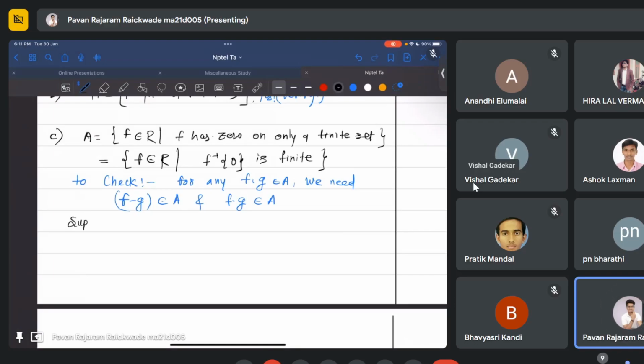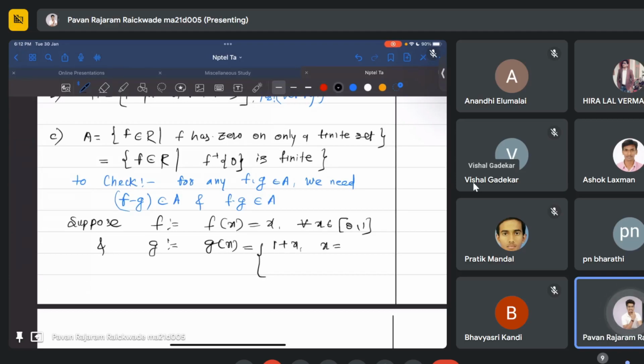Suppose I take f as f of x equals x simply, for any x in the closed interval [0, 1], right? And I'll define g as something strange. g of x is 1 plus x when x is in some set, x equals 1 by n for some natural number, and for other points it is x.